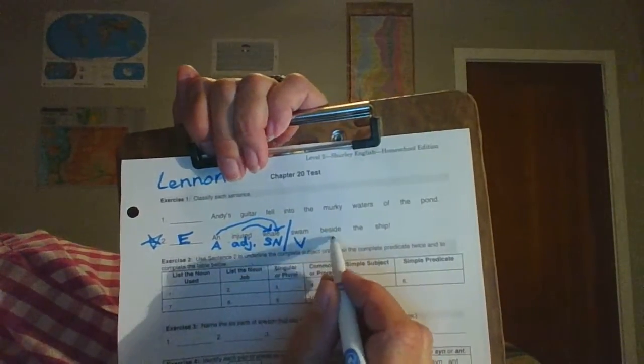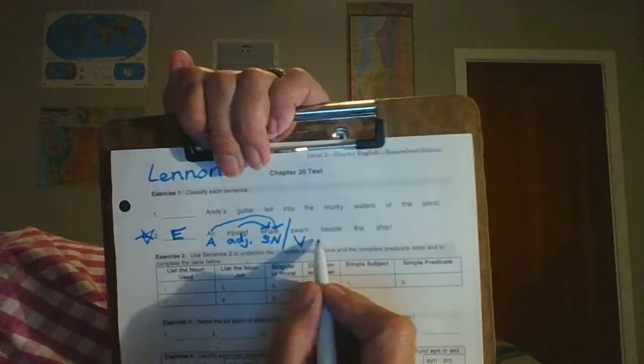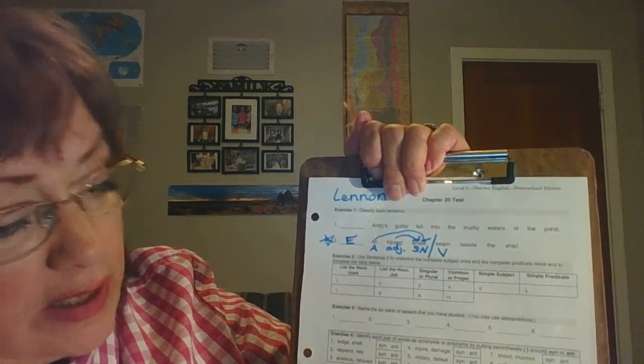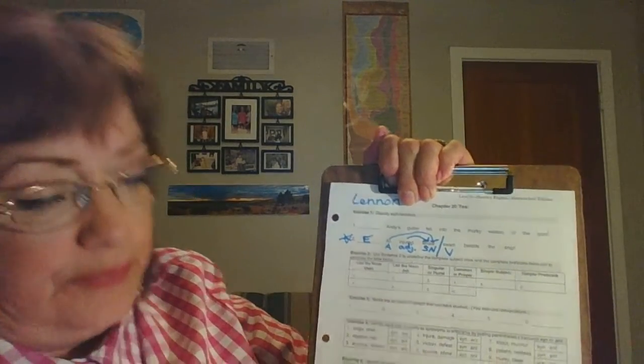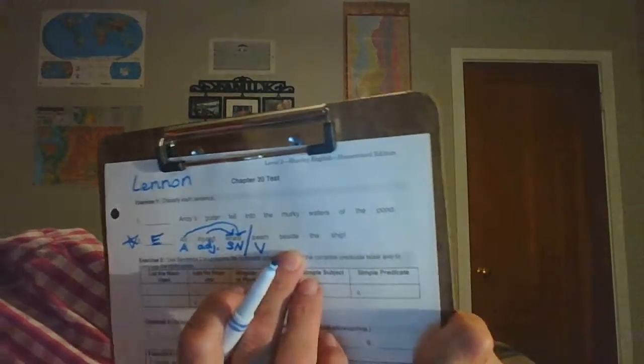Let's go over to the predicate part of our sentence. Swam beside the ship. Let's see. A lot of times there's an adverb right after our verb, but not always. We're going to go ahead and look on our common prepositions. And lo and behold, I see that the word beside is on our preposition sheet. The way you can tell if it's an adverb or a preposition is if later on there's going to be a noun, an object of the preposition.